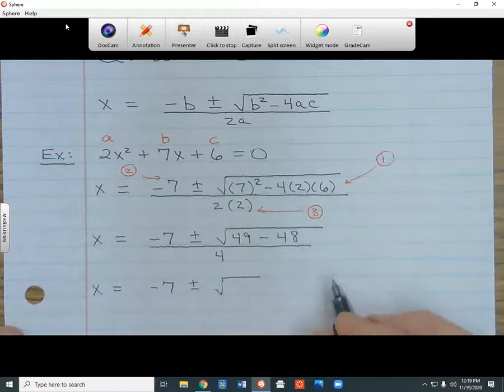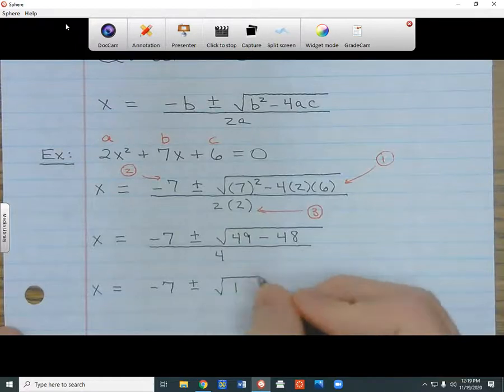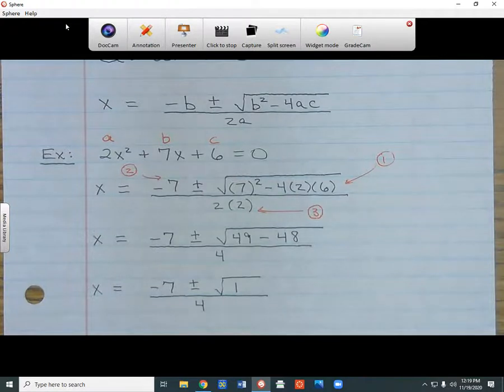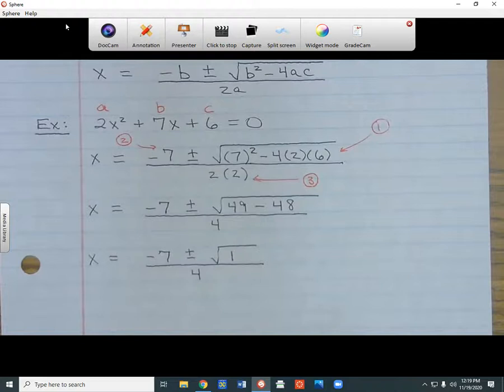I know that 49 minus 48 is going to give me 1, so I actually have just a 1 under the square root, and in the denominator, I'll have that 4. If I take the square root of 1, I should just get a 1, right? So I can replace the square root of 1 with a 1. So I have -7 plus or minus 1, and everything is still divided by 4.